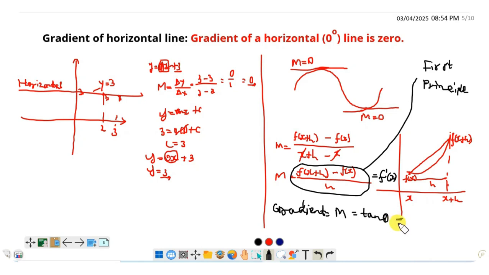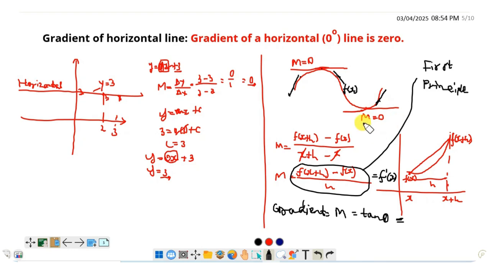Or if you have the equation of a graph, for example f of x, and you want to find the gradient at one point, maybe here or there, remember the tangent here will go like that, because the tangent has to touch the graph once. If I want the tangent here, it has to go like that.